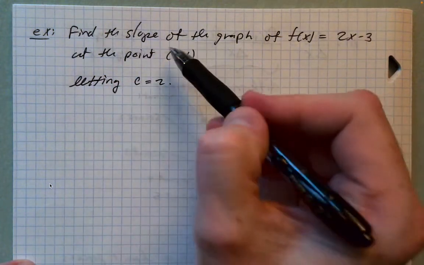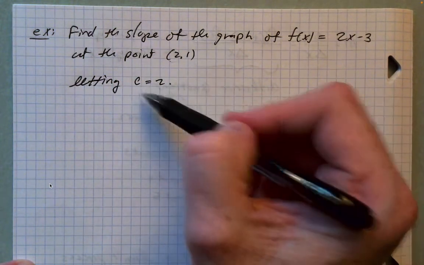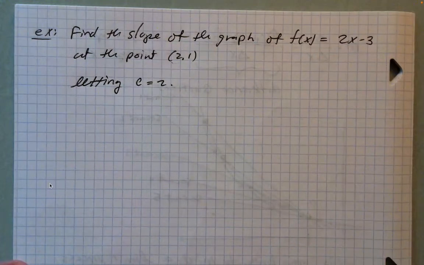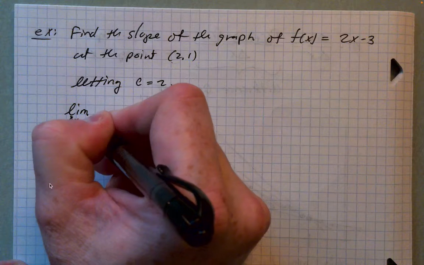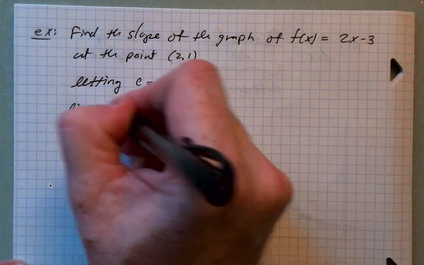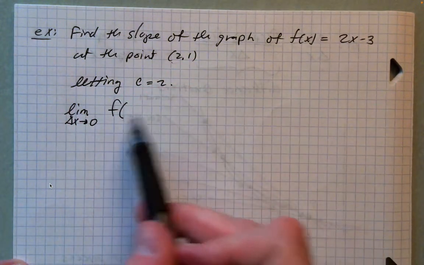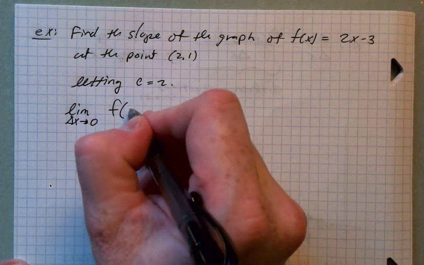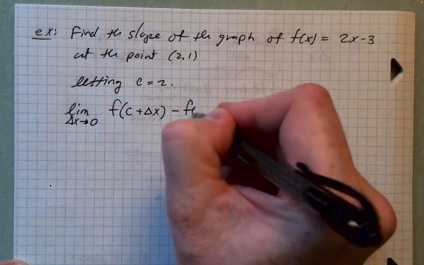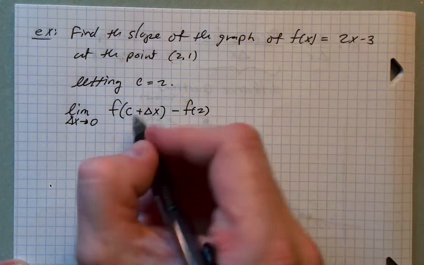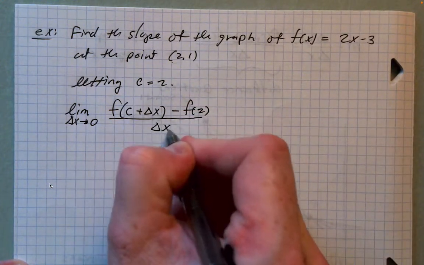That's the point we're interested in, (2, 1), so the x coordinate there is 2. So let's consider the limit as delta x goes to 0 of f of c plus delta x, so c is 2, so it'd be 2 plus delta x, minus f of 2, divided by delta x.